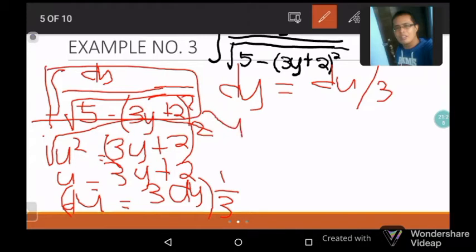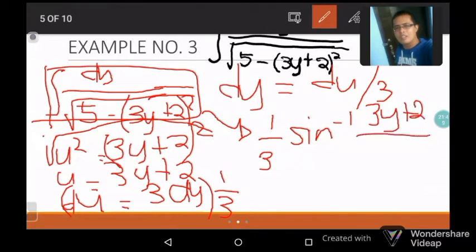U natin is 3y plus 2 over a square root of 5. Then plus c. Okay, so ang ating answer para dito sa problem number 3 is 1/3 of arc sine of 3y plus 2 over square root of 5 plus c.